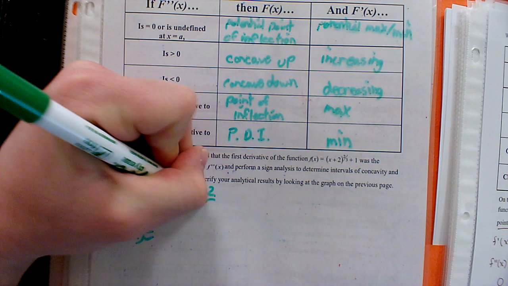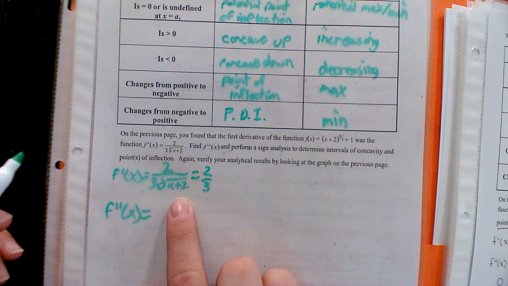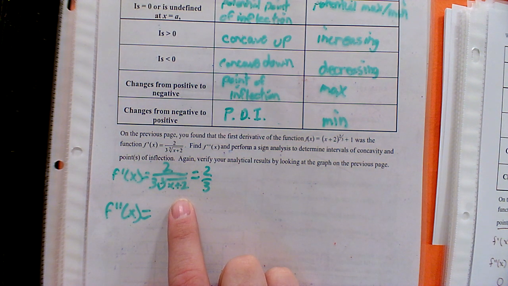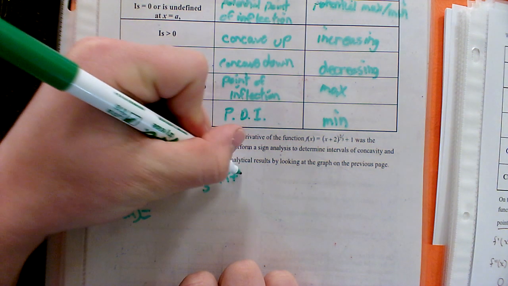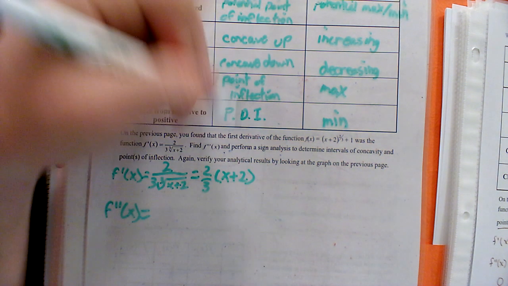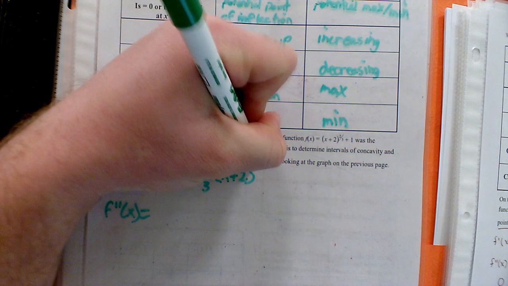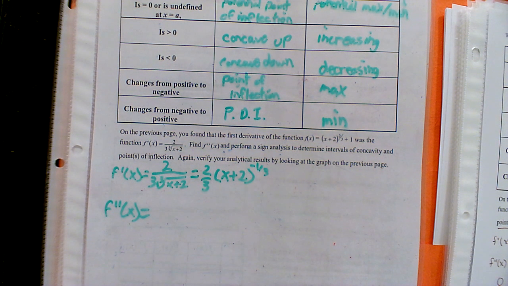I'm going to leave the 2/3 there. How can I rewrite this part? When we go to take the derivative, it will be a little easier. Right, it is x plus 2 to the 1/3. Now, if I bring it to the top, what should my power be? Negative 1/3. So this is the same thing. Bring it to the top, make the power negative. Now it looks a little easier to do our derivative.